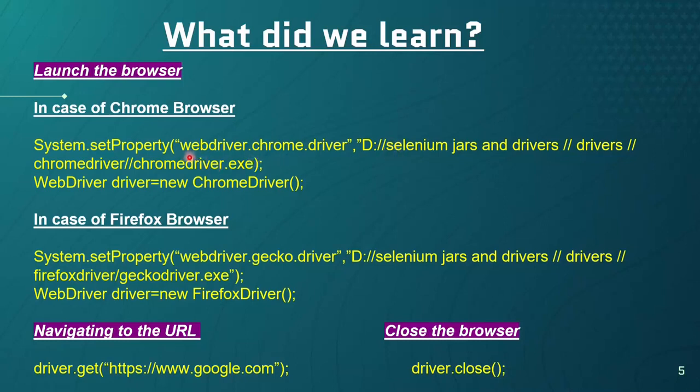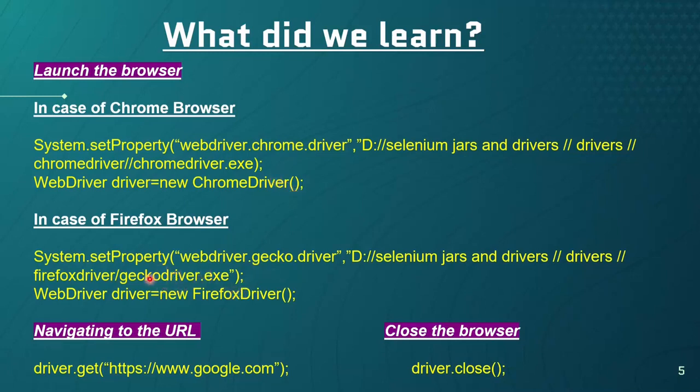In case of Chrome driver, the string key is webdriver.chrome.driver, whereas the string value will be the path where our executable file is saved. The next statement is WebDriver driver = new ChromeDriver(). Through these commands, it will launch the Chrome browser.